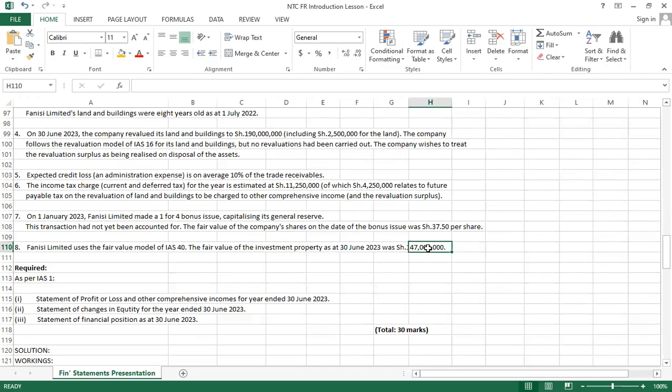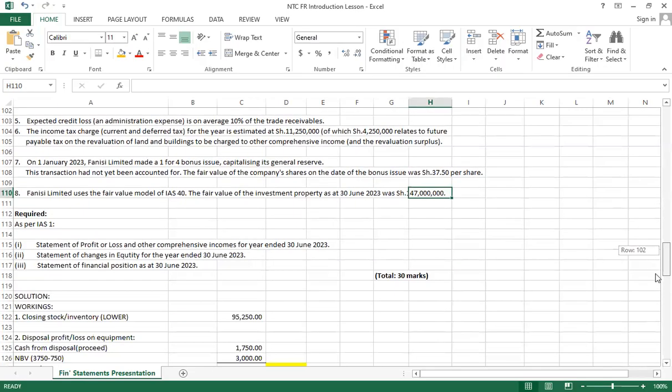Let me make this sound very simple: it's more or less like at every date you report, you revalue this property. We had said that revaluing means that you give an asset a new value, which is their fair value. Now compare that with their book value to see whether you have increased or decreased them.